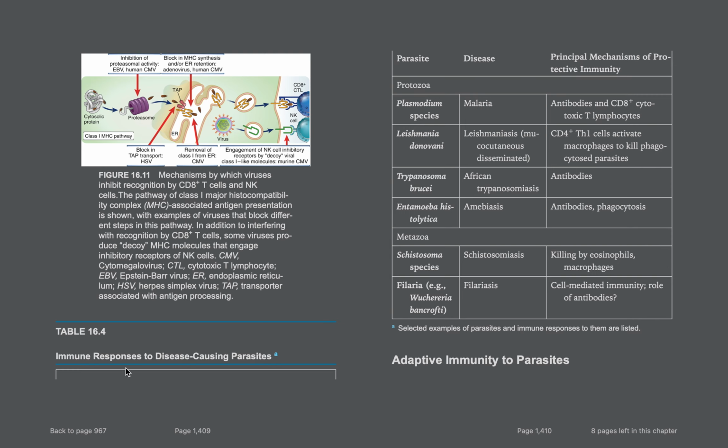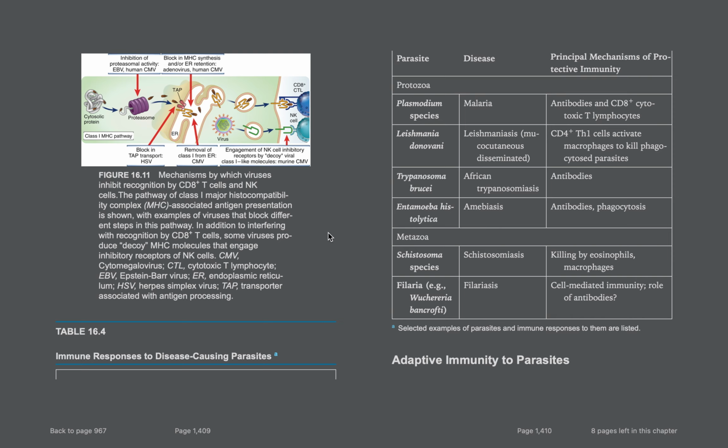So, immune response to disease causing parasites. When you're speaking of protozoa, for example, malaria species cause the disease malaria. The principal protective mechanisms are antibody and CD8 cytotoxic T lymphocytes. Leishmania donovani causes leishmaniasis, mucocutaneous or disseminated. There, CD4 T helper cells activate macrophages to kill the phagocytosed parasite.